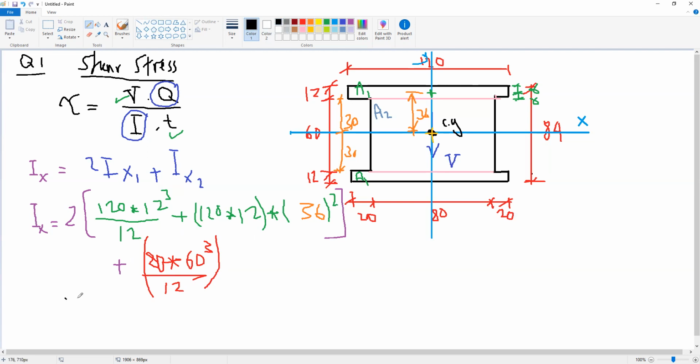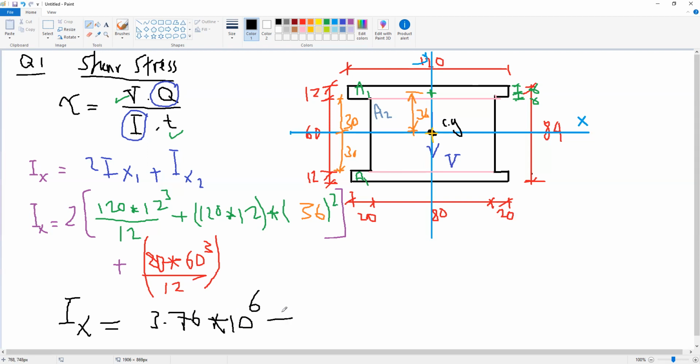So the total inertia for this cross section Ix, if you work it out, will be 120 times 12 cubed divided by 12 plus 120 times 6 squared, times 2. This one will be 30.76 times 10 to the power 6.